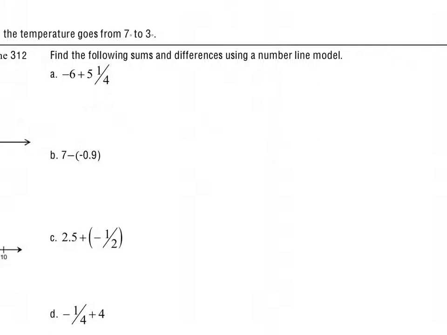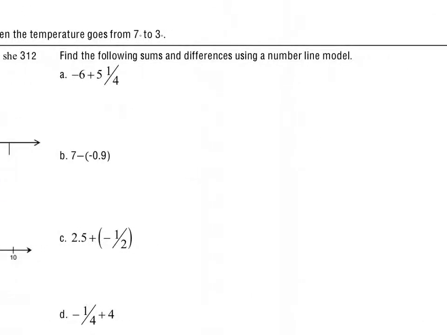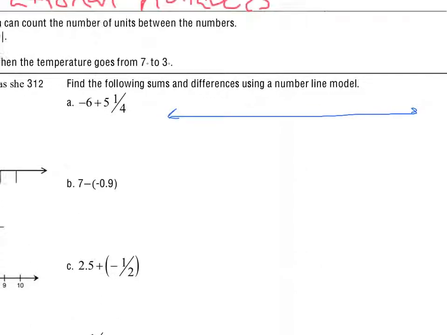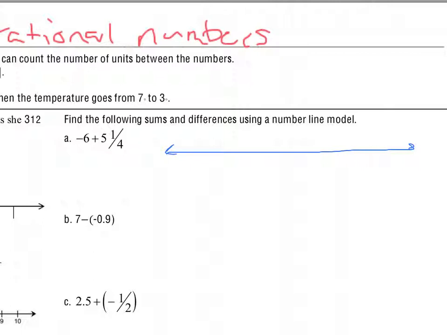So looking at this first one, we'll go ahead and draw a number line. We're going to have negative 6 on my number line. And it looks like I really don't have to go past 0 because 5 1/4 is less than that. So I'm going to put negative 6 on this number line.